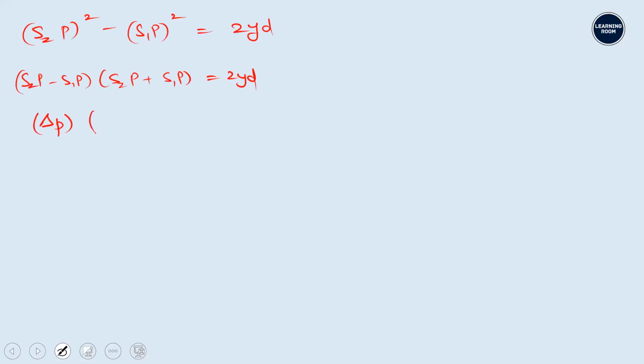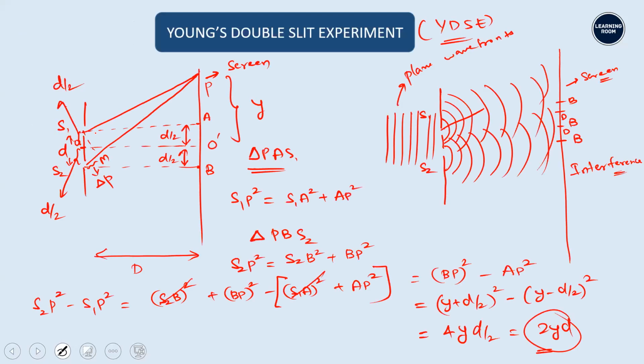Observe what I'm going to do now. This S1P and S2P, according to the experimental setup, are considered approximately equal to capital D itself. I repeat it, listen to this carefully. You will be able to observe the interference pattern only when the path difference is a multiple of lambda.